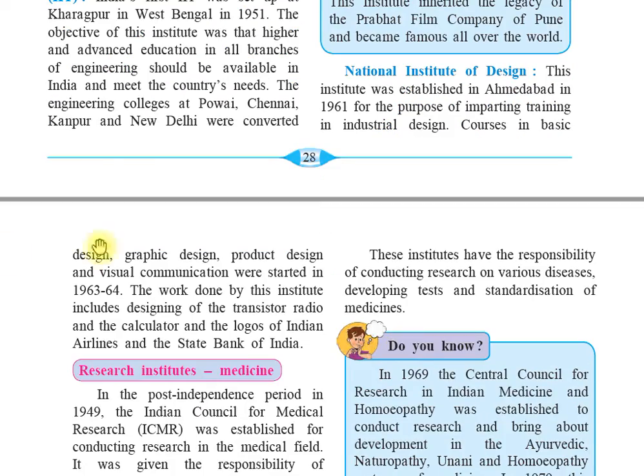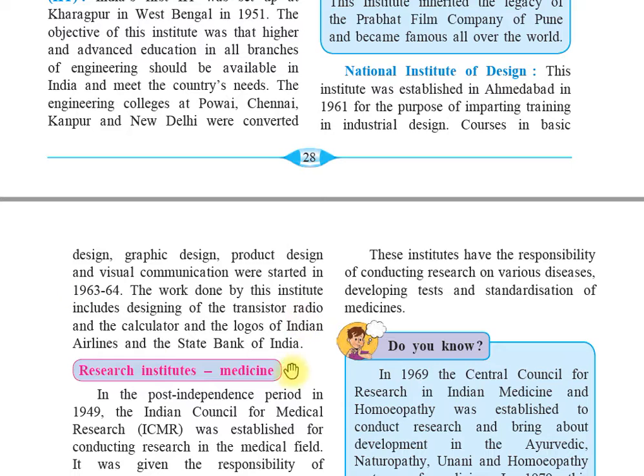Courses in basic design, graphic design, product design, and visual communication were started in 1963-64. The work done by this institute includes designing of the transistor radio, the calculator, and the logo of Indian Airlines.